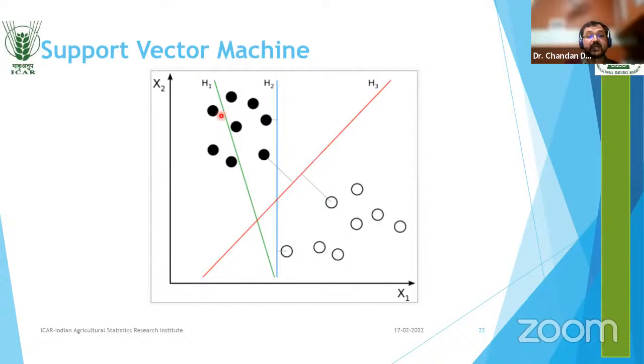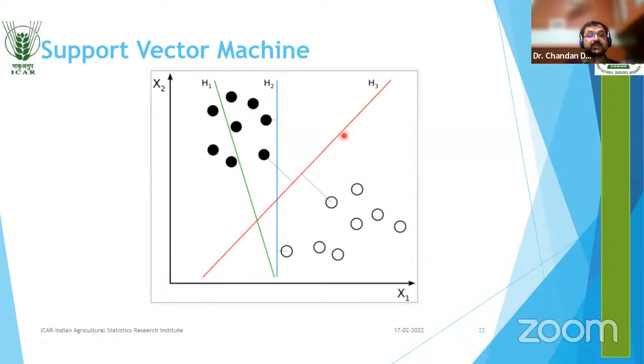this green line is not at all separating the solid black and hollow black classes. But in the case of the blue line, it is separating, but it is not maximizing the distance between the two classes. In the case of the third classifier, our data is in a two-dimensional space, so one single line can separate this two-dimensional data.